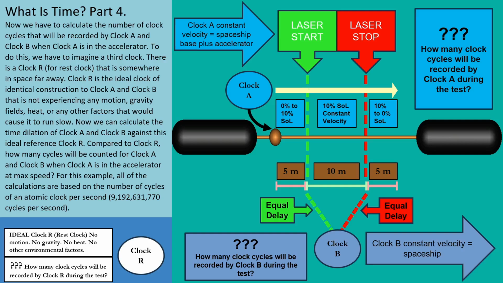Compared to clock R, how many cycles will be counted for clock A and clock B when clock A is in the accelerator at maximum speed? For this example, all of the calculations are based on the number of cycles of an atomic clock per second.